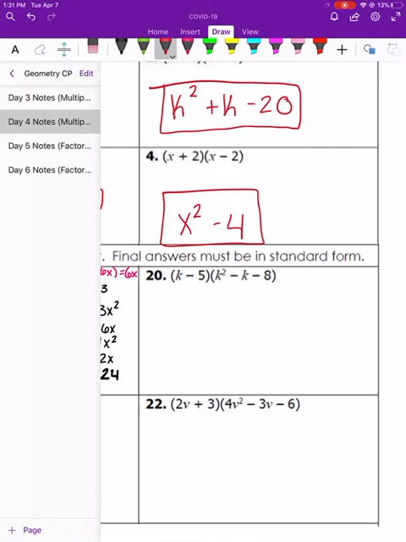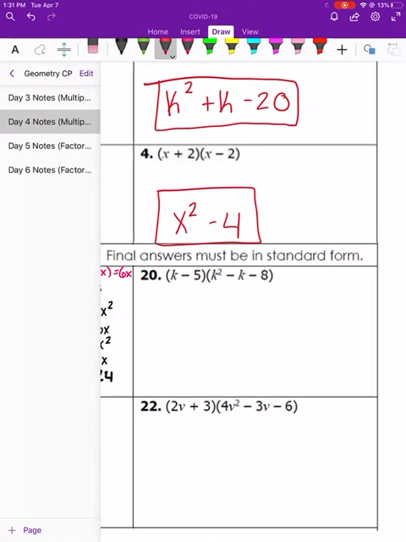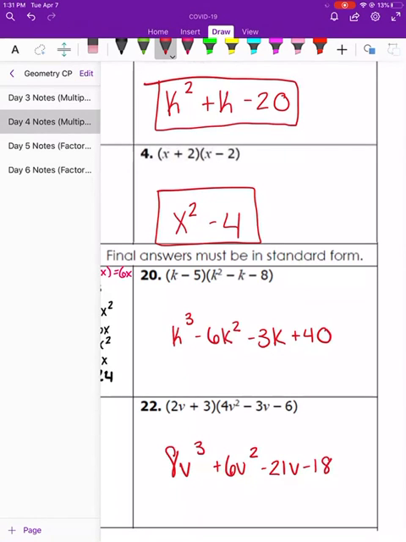Once you work these out, what you should have gotten for 20 is k cubed minus 6k squared minus 3k plus 40. And then for 22, what you should have gotten is 8v cubed plus 6v squared minus 21v minus 18.